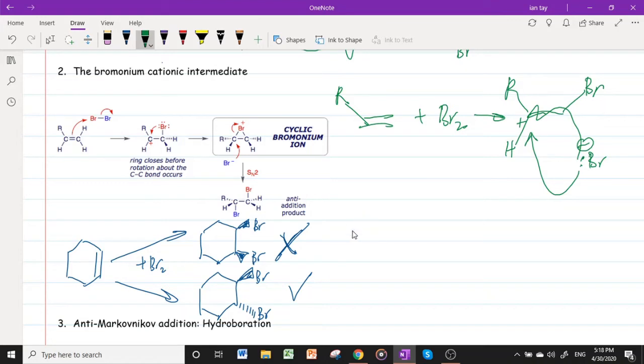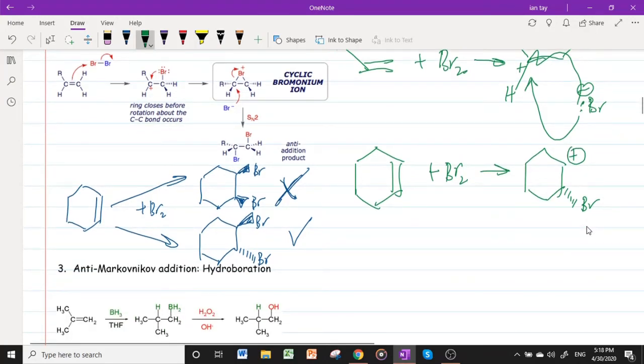And if it was, say, a cycloalkene, then on addition of Br2, let's say the bromine attacks from the bottom over here, and we get a positively charged cationic intermediate over here. We realize that the bromide can attack from above or below the plane, giving rise to two possible products.